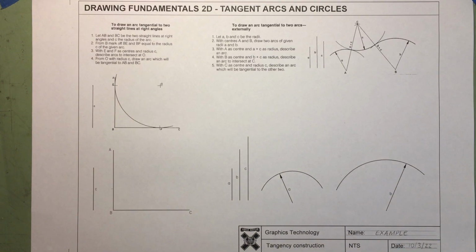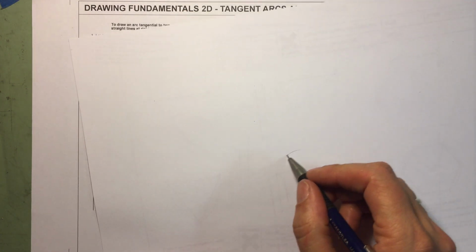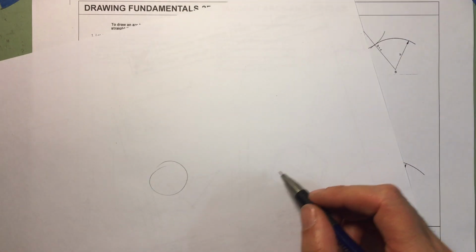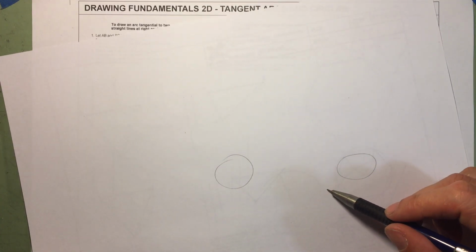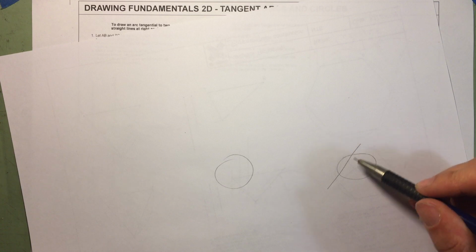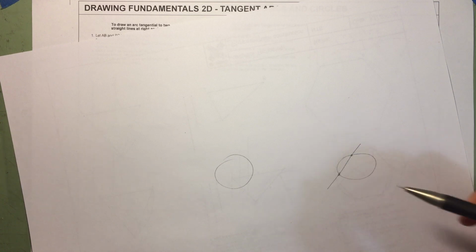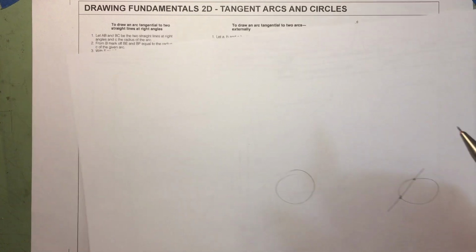If you had a regular circle, and a line crosses it twice, that's not a tangent, okay?